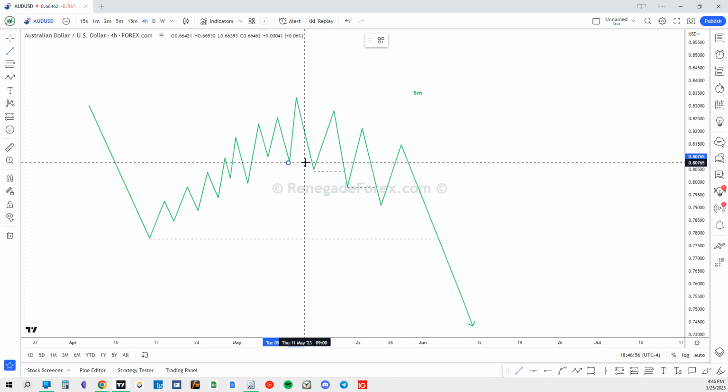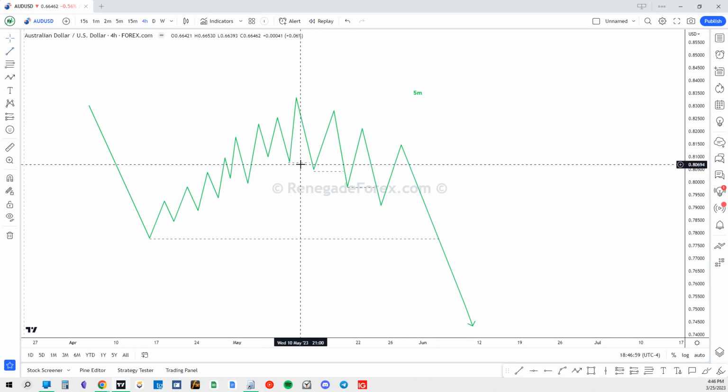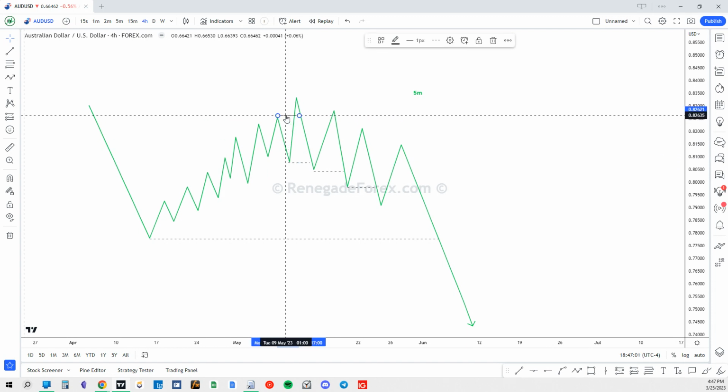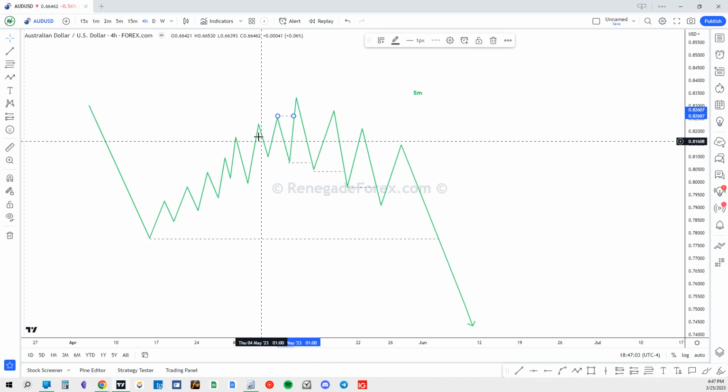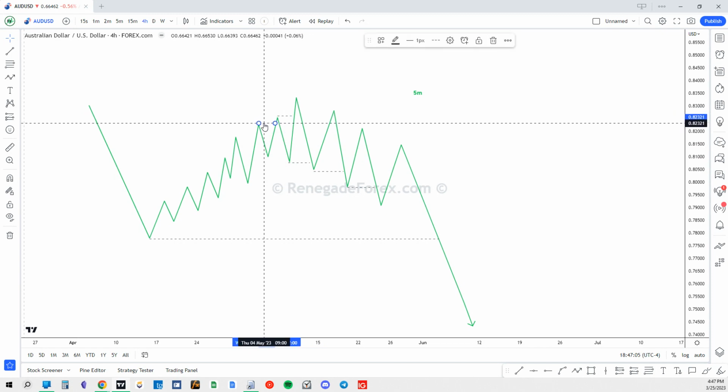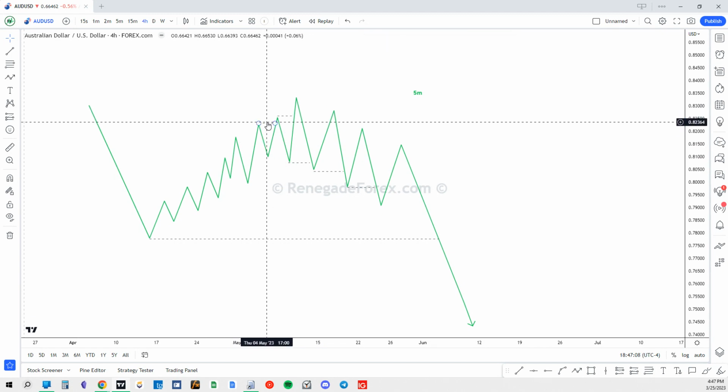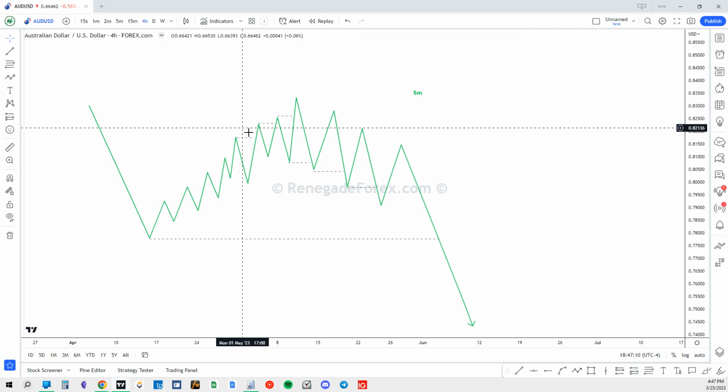I'll go ahead and mark all these so that we can see. That's another break of structure there. Another one there. Another one there.